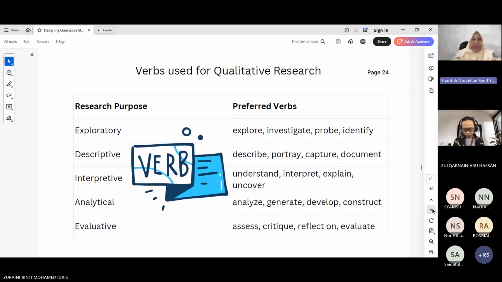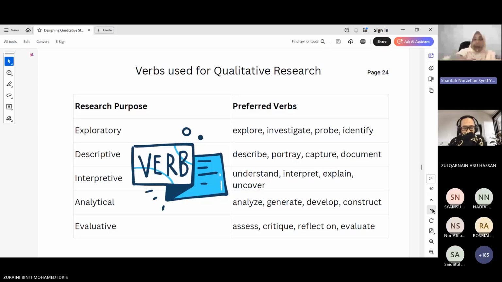If your purpose is descriptive, you can use describe, portray, capture, or document. If your research purpose is interpretive, mine is interpretive, I have verbs like to understand, even though in certain parts I also use to investigate. It's still within the domain of qualitative research.